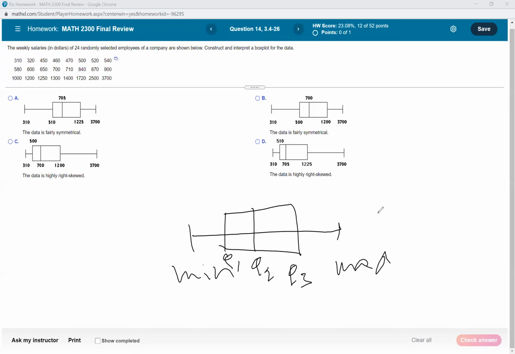Here we have a total of 24 observations. So the minimum is 310 and the maximum is 3700. And for all the options, we have the correct answer, right? 310 and 3700. Yeah.